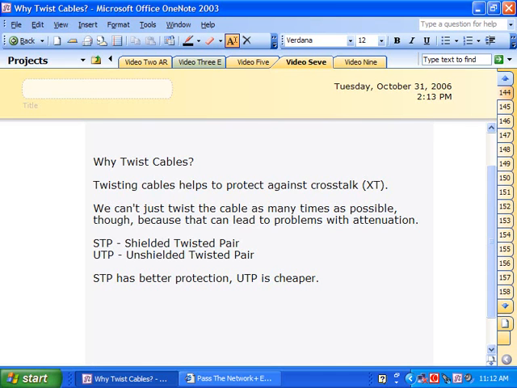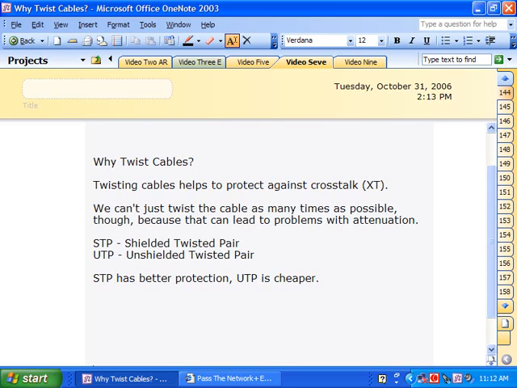Well, we might not even want that, because the more twists that we have, the longer the actual wires are. And that can lead to a problem with attenuation, which I mentioned in another video, but I wanted to define that for you again here. Attenuation is the gradual weakening of a signal as it travels.